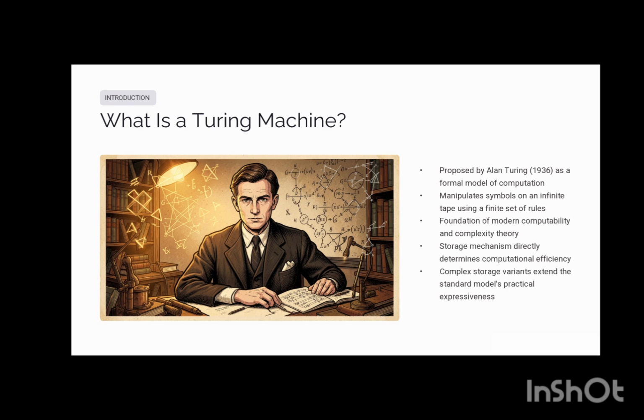Despite its simplicity, the Turing machine captures the essence of algorithmic computation and serves as the theoretical basis for all modern computers. The Church-Turing thesis asserts that any effectively computable function can be computed by a Turing machine.